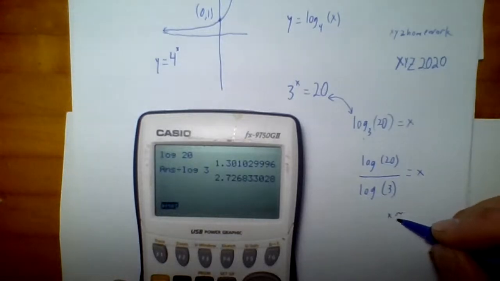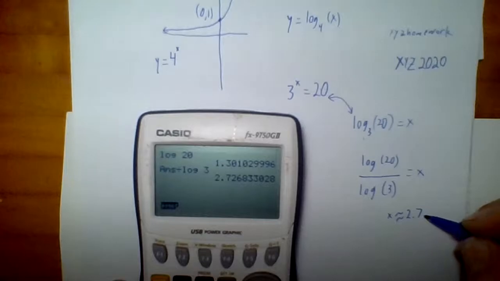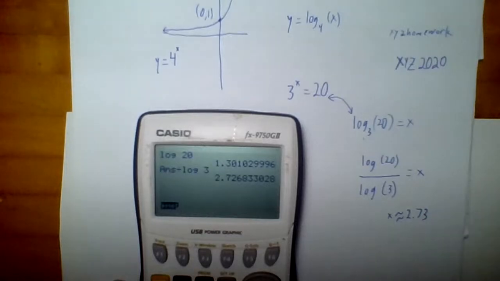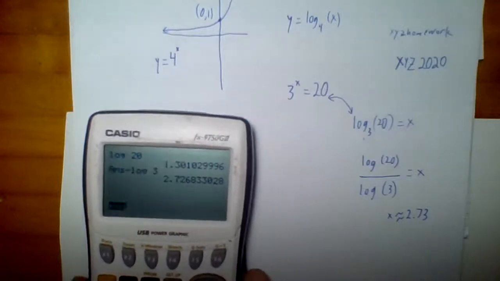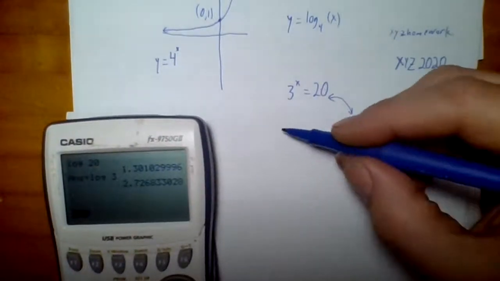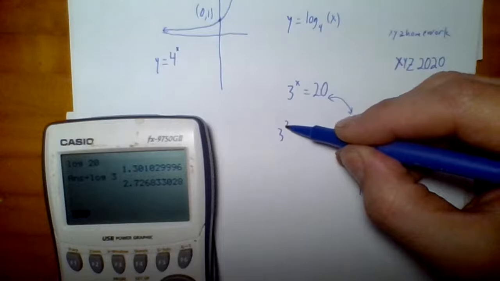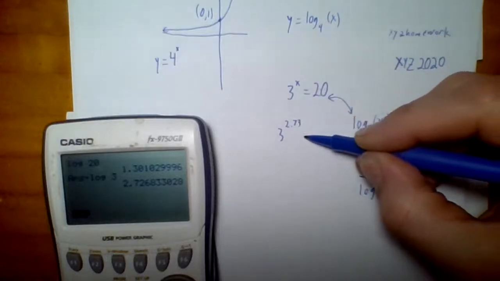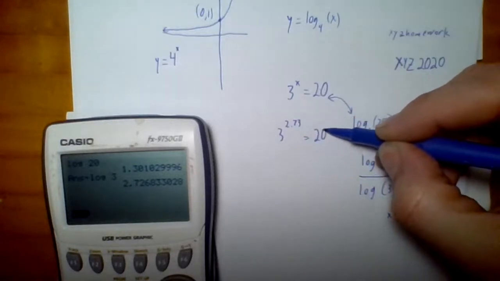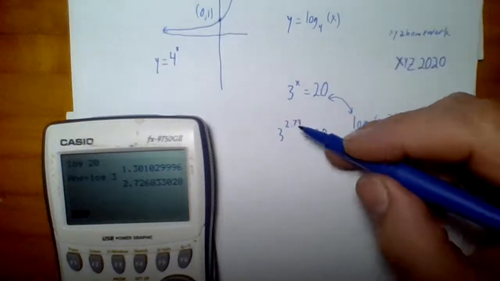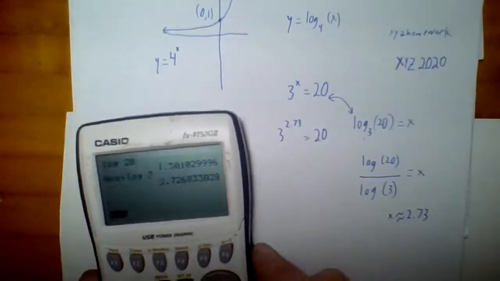So x is approximately 2.7, actually rounds to 2.73. That's the approximate value of that thing. That's the solution to this equation up here now. But if I do 3 to the 2.73, that's the one that's supposed to come out to 20. 3 to the third is 27, so this would be a little less than that. That sounds right.